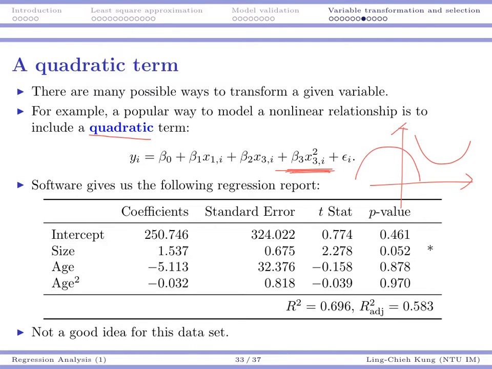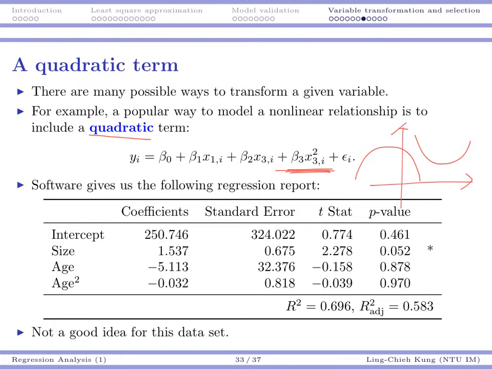So that means when we want to use this equation to fit our given sample data, it's very hard because the pre-assumed assumption restricts us from getting a good fit. The software would try its best to optimize beta 0, beta 1, beta 2, and beta 3, but because of this functional assumption, it's just bad.